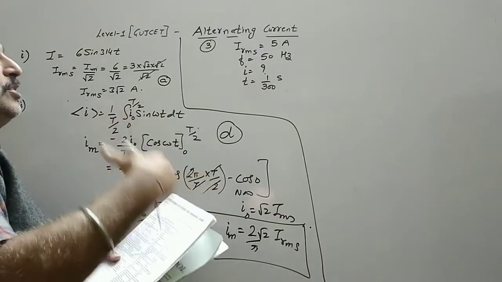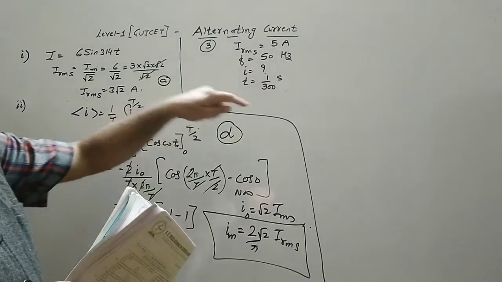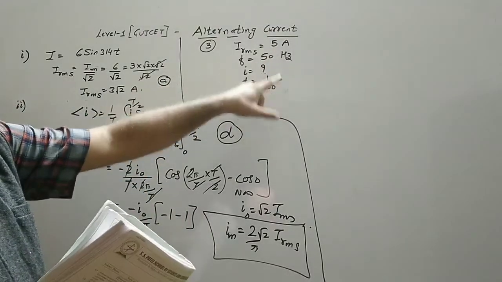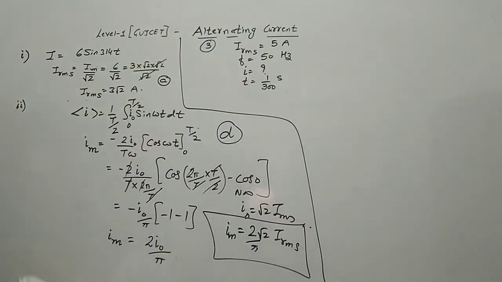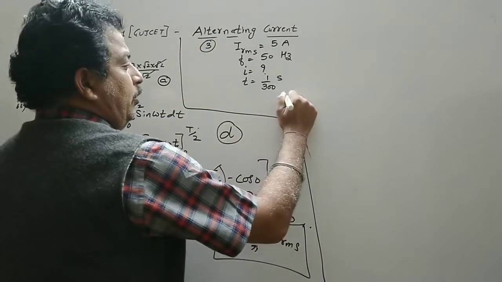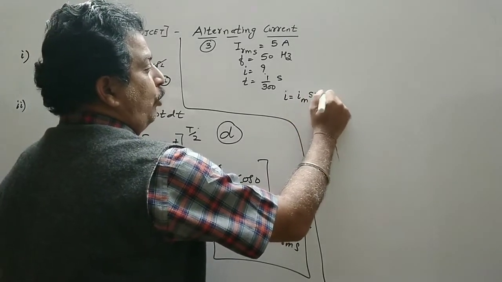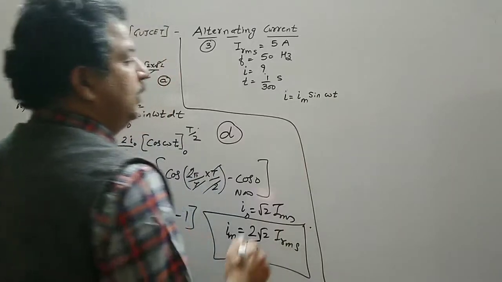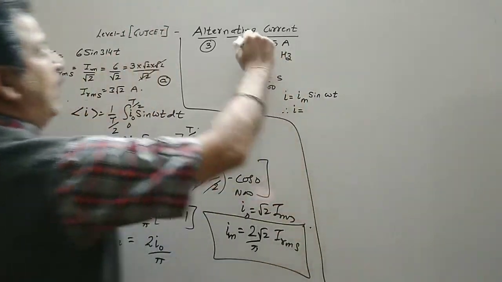So after how much time the IRMS becomes 5 ampere, that is 1 upon 300 second. After 1 upon 300 second it becomes 5 ampere. We have to find out instantaneous. So directly we know I is equal to Im sine of omega t. Therefore I is equal to, again we have IRMS.